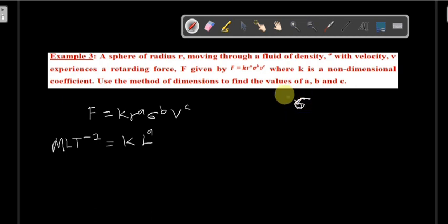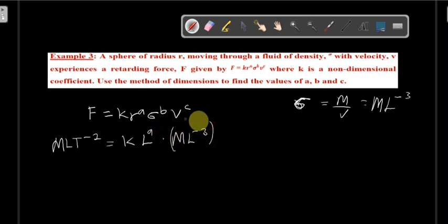Rho rather is density, from where it was defined. So density is equal to mass over volume. And we already know that mass is given as M, and the dimension of volume is L cubed. So this is the dimension of density, M L raised to power minus 3, all raised to power B, times v. v is velocity, and the dimension of velocity is L T minus 1.